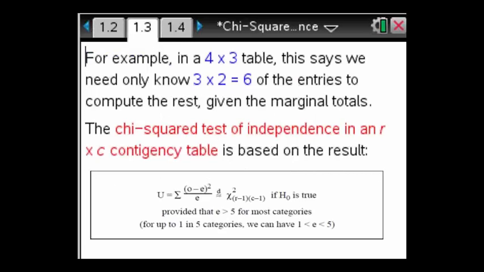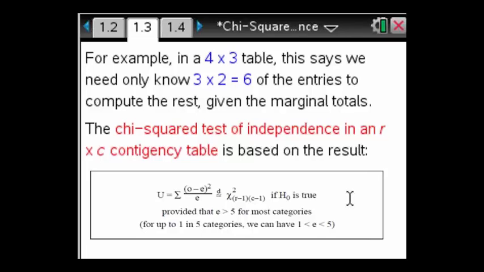The chi-squared test of independence in such a contingency table is based on the test statistic U. U is equal to the sum of the squared differences between the observed and expected values, divided by the expected values.